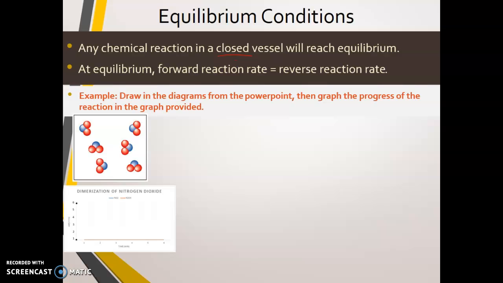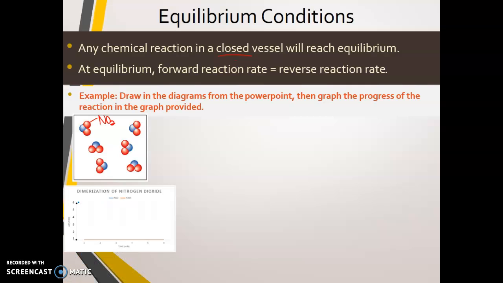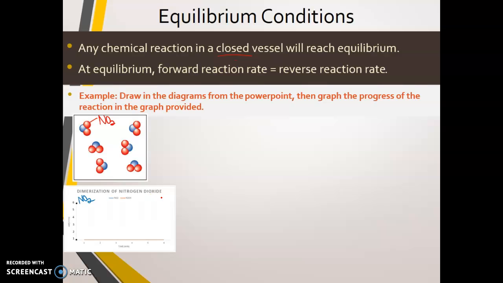So to start with, at the beginning, we have these NO2 particles. And so on our graph, we are going to have NO2. We have 6 NO2 molecules here in our diagram, and then we are wanting to form N2O4, or the dimerization of nitrogen dioxide.